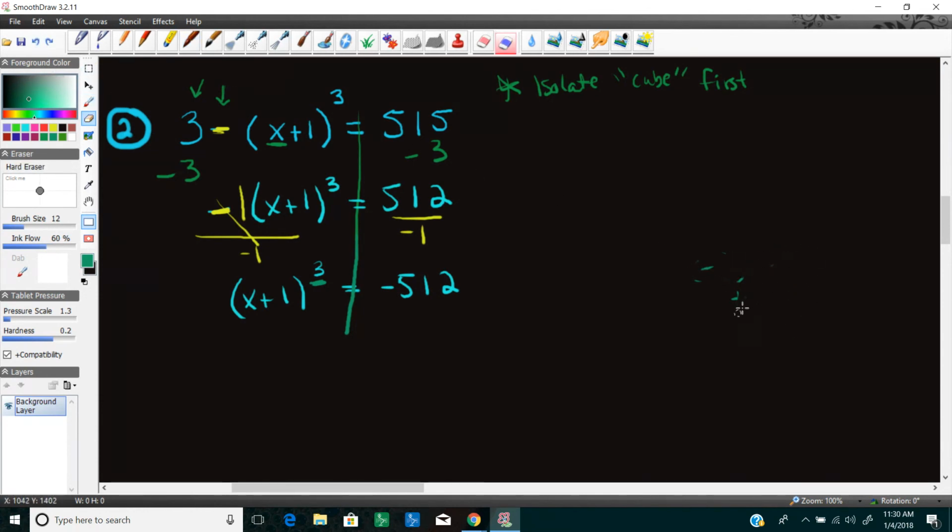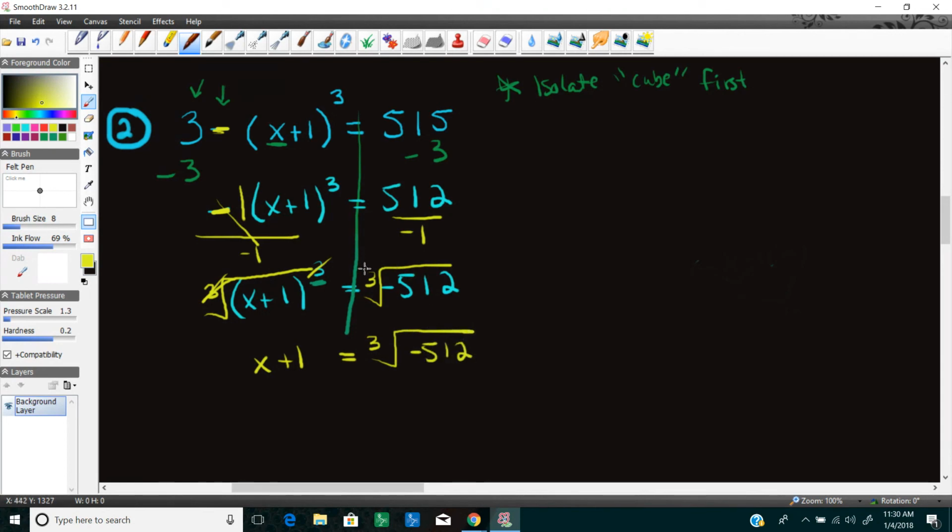So from here, it becomes just like the first problem, and we're going to take the cube root now. So let's go ahead and do that. We have the cube root of this side and the cube root of this side. That goes away. This is just x plus 1 is equal to, and we have the cube root of negative 512.